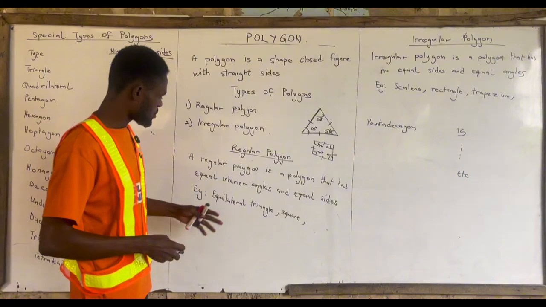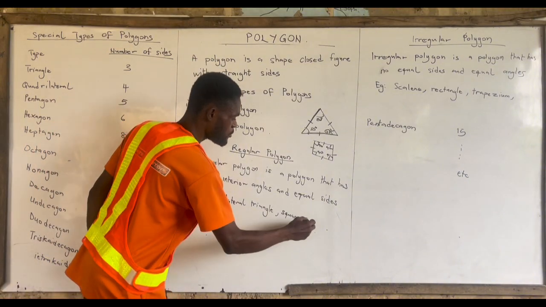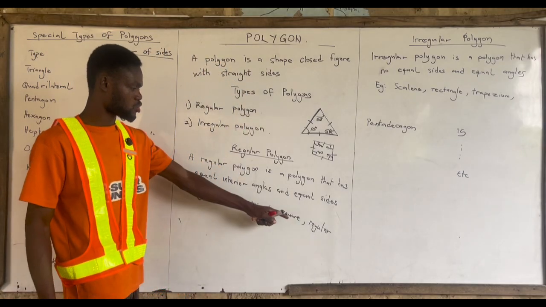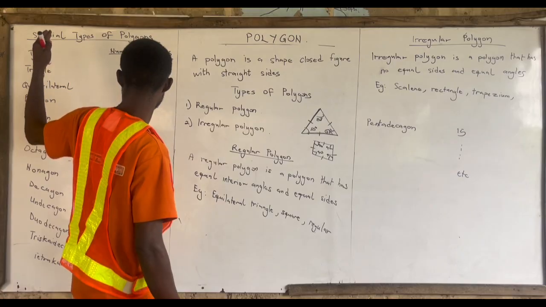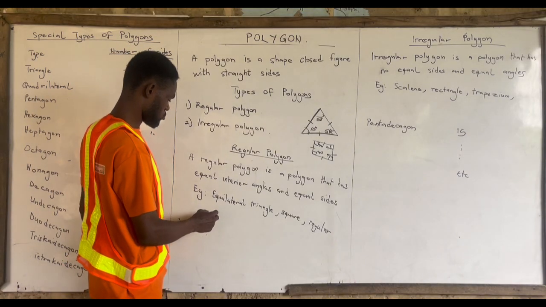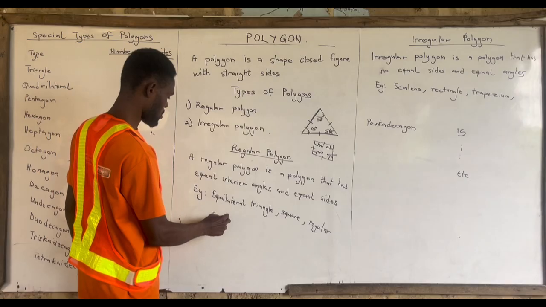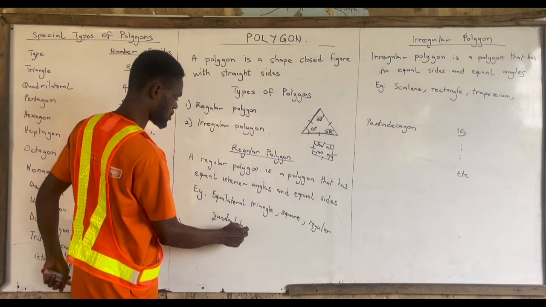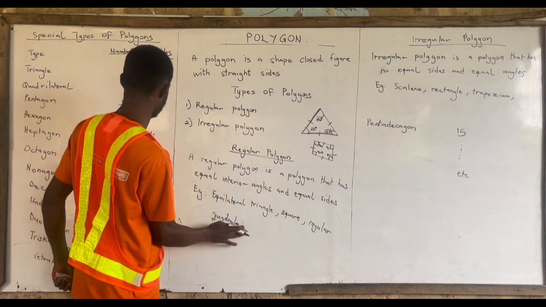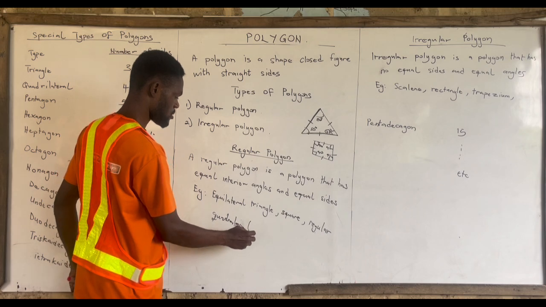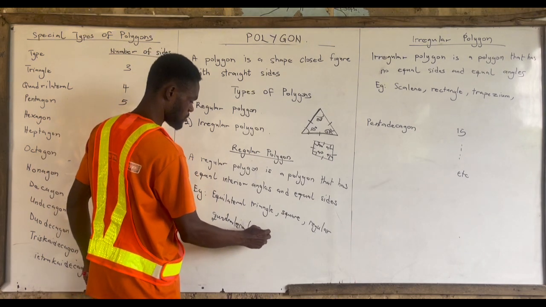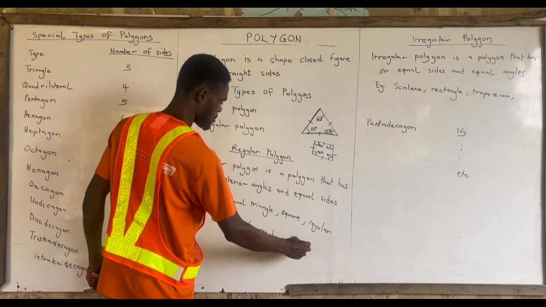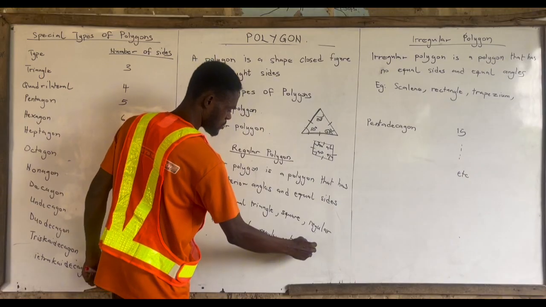Okay, so we also have regular examples. If you talk about the equilateral triangle and square, we have regular quadrilateral, regular pentagon, regular hexagon.